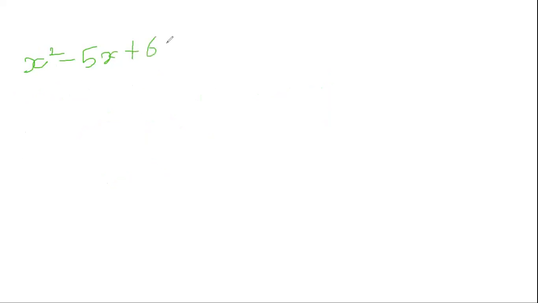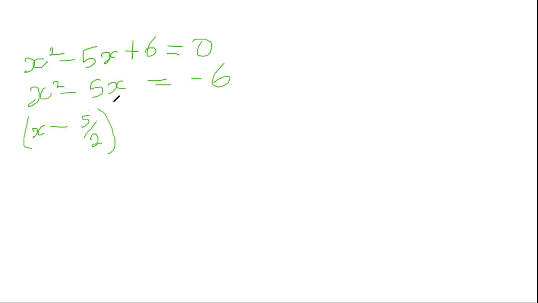Plus 6 is equal to 0. So here we say x squared minus 5x is equal to negative 6. So by completing squares, instead of writing x squared, we write x. Then here we shall write half the coefficient, which is 5 divided by 2.